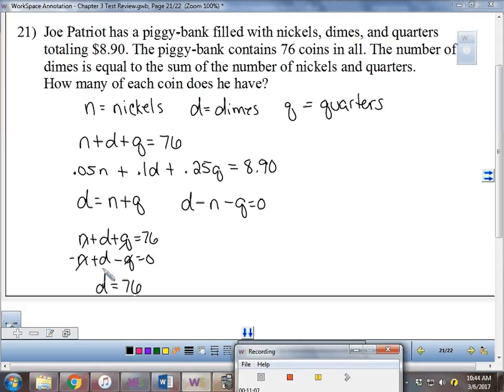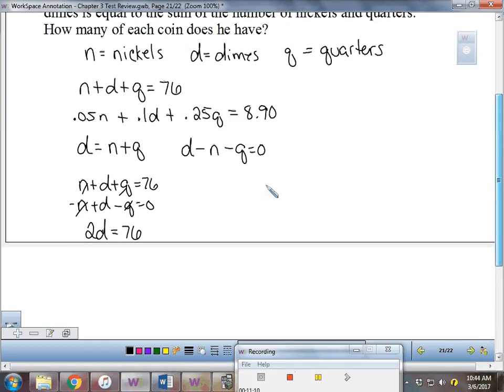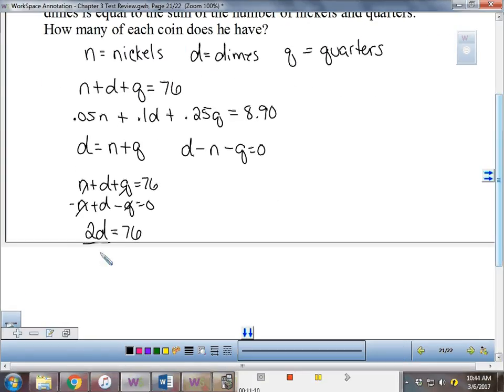Sorry, 2d. It's not like me if I don't have one mistake somewhere. All right. Divide by 2, so the number of dimes is 38, not 76.